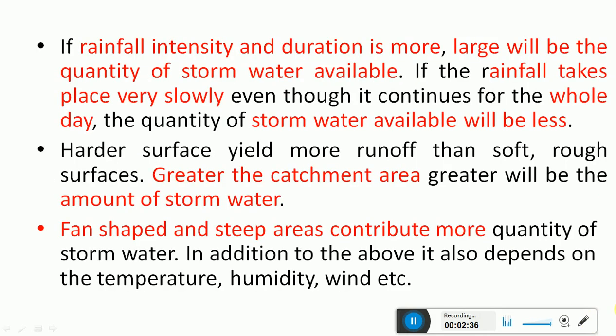Here if the rainfall intensity and duration is more, a large quantity of stormwater will be available. Here what happens when the rainfall occurs, so rainfall pattern you might have studied in your hydrology subject, where we have the drizzle or storm or heavy rainfall depending upon the different types of precipitation.